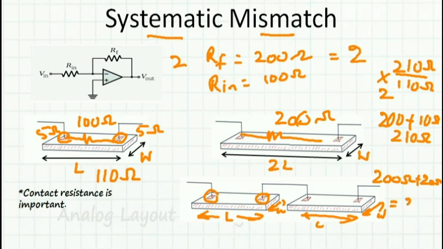So that comes to 220 ohms. Now if I take the ratio, it is 220 ohms by 110 ohms, which comes to the same gain as planned, which is 2. So this is how we reduce systematic mismatch. It is definitely within our control, and by good practice of design and layout, we can eliminate or avoid this systematic mismatch.